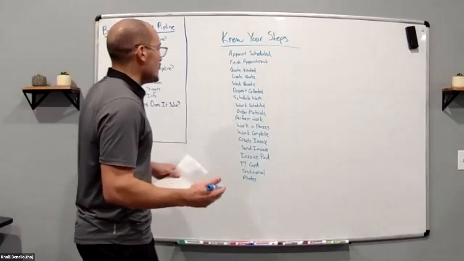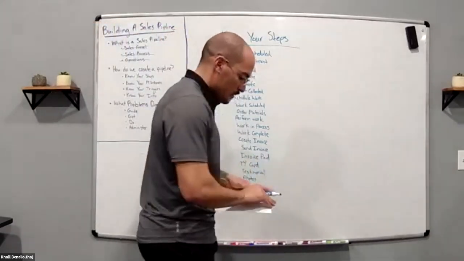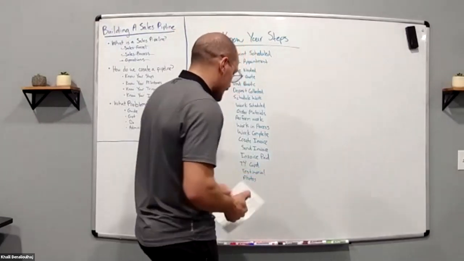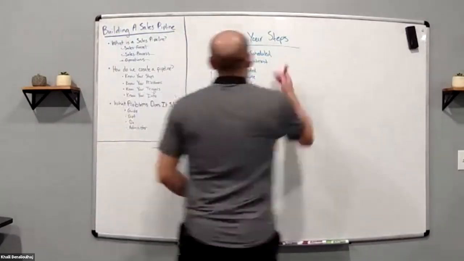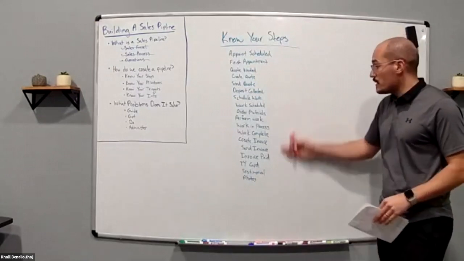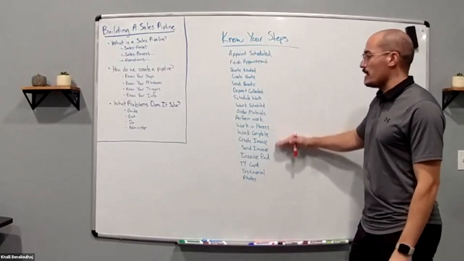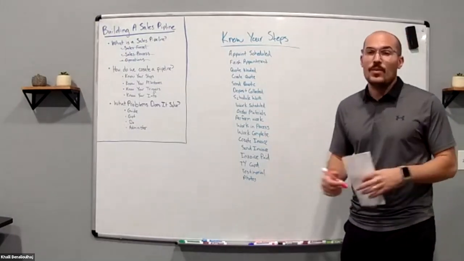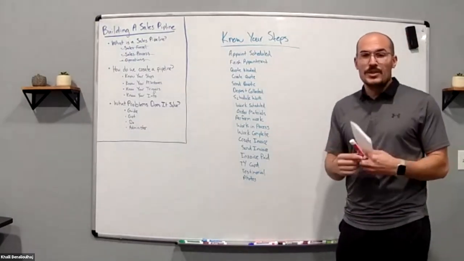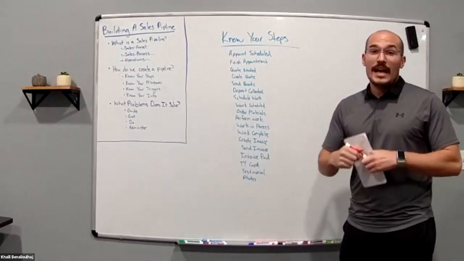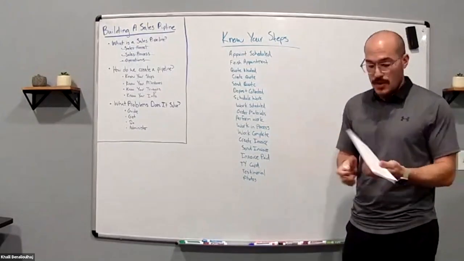The next thing that you need to do is know your milestones. And here's what I mean by that. This is really valuable for our systems and processes, okay? But in our sales pipeline, we don't want to have to go through all of these things. It's too much to digest at once. We need to have it in some clear milestones that really matter, that help us to see what we need to do next.